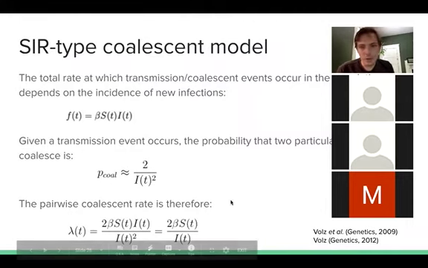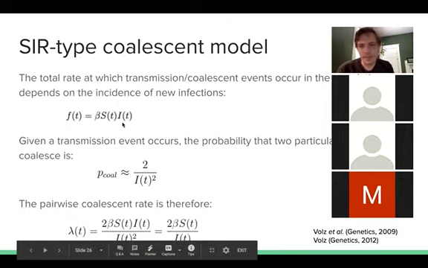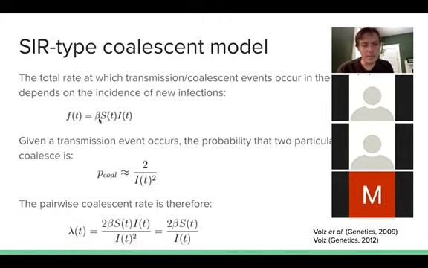We know that the overall rate of transmission events in the population is equal to the transmission rate, beta S times I. And we know that the probability of a particular pair of lineages coalescing in the population is equal to 2 over I squared.